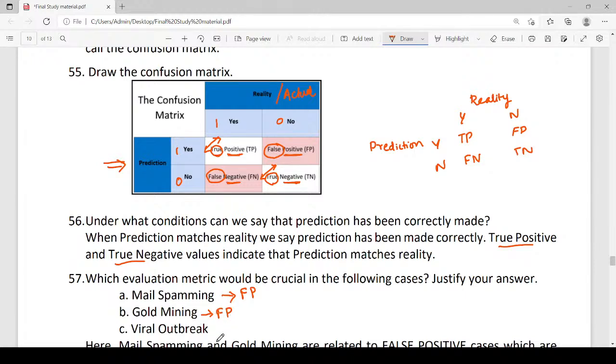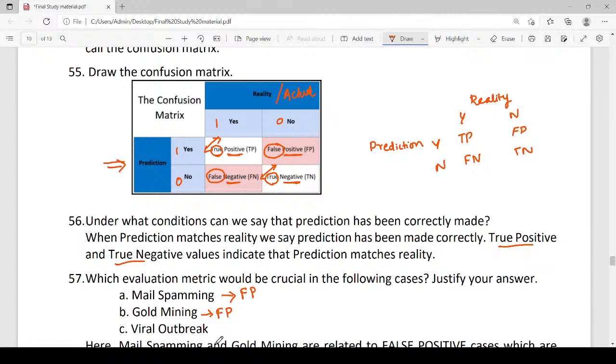Okay. Now what about the viral outbreak? Think of corona. Which one is the important parameter or important condition here? False negative. Excellent.